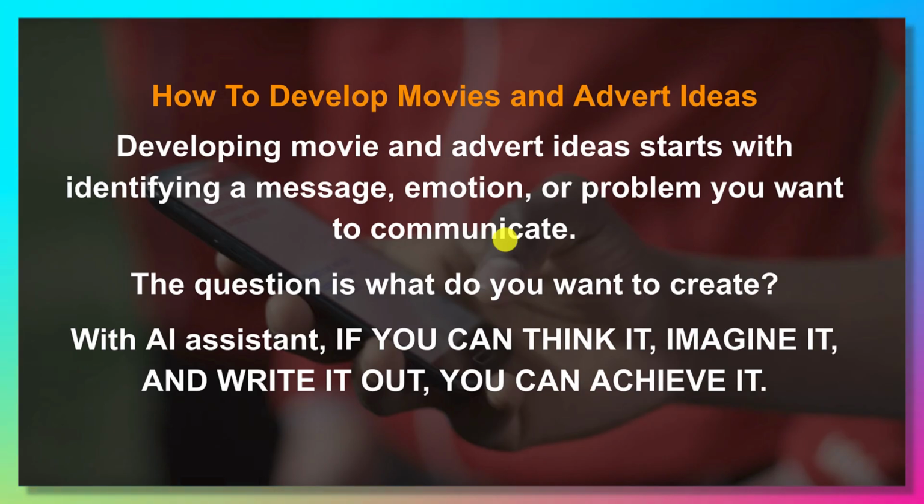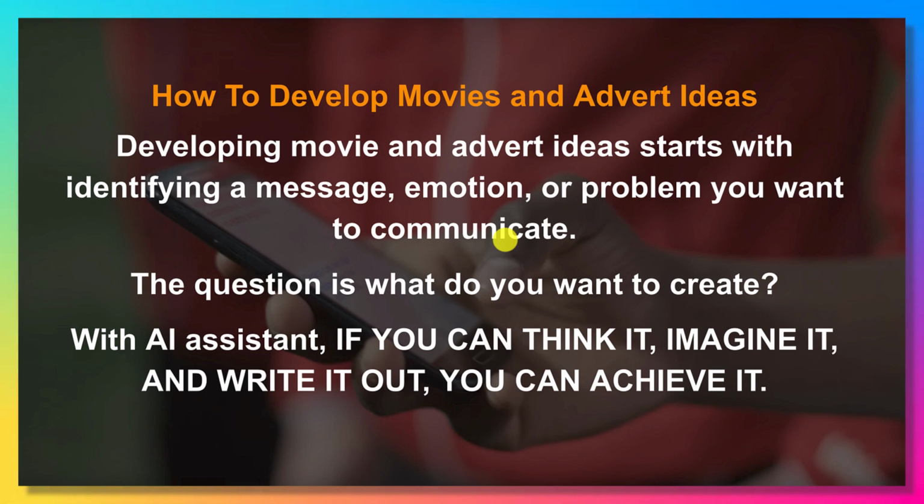Then the question I want to ask is, what do you want to create? In this training, what do you want to create? You must have it in your mind that I want to create this. This thing is in your head. For example, we have the movie called Avatar. When Avatar came out, I think James Cameron did the movie.